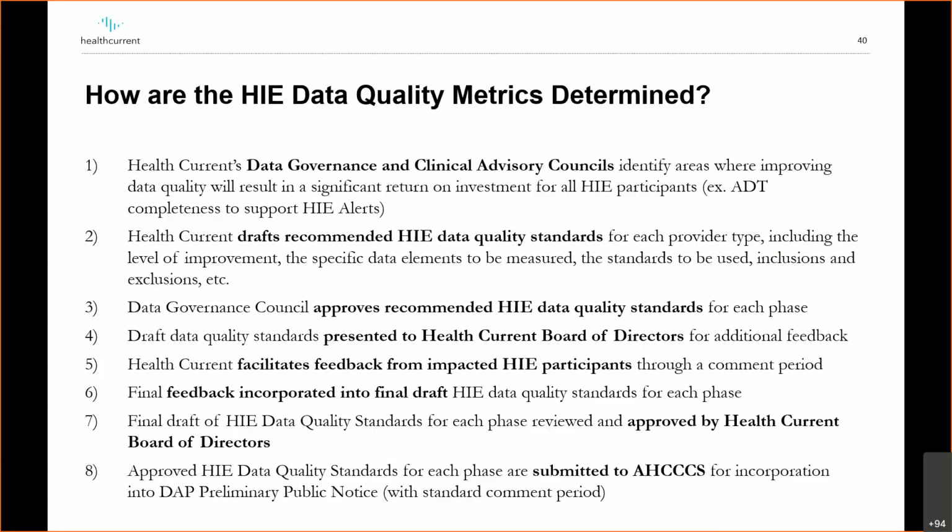Then our team drafts recommended HIE data quality standards for each provider type. We have the Data Governance Council approve those recommended data quality standards. We let our board know what they are, and then we go through an additional step to let the community that's going to be impacted by this be aware of what we're proposing and receive any feedback.